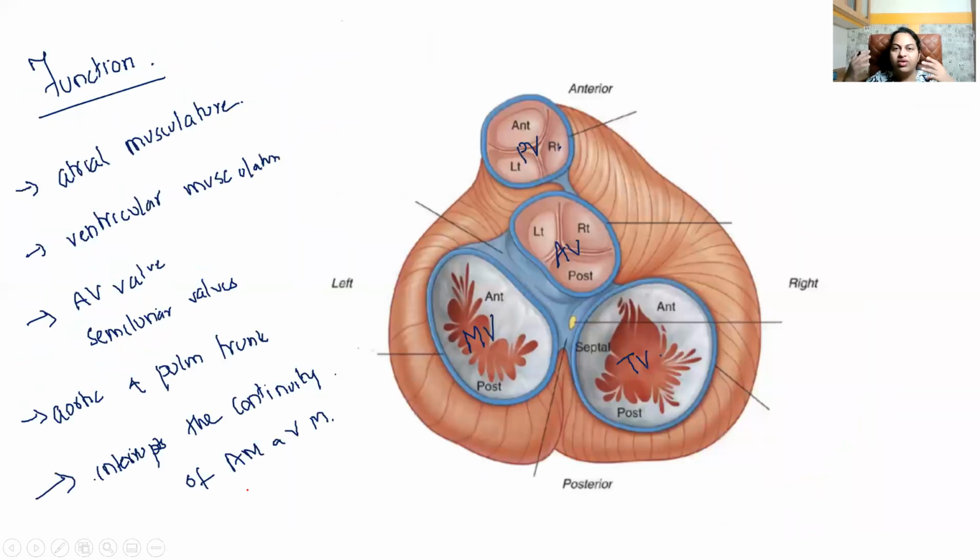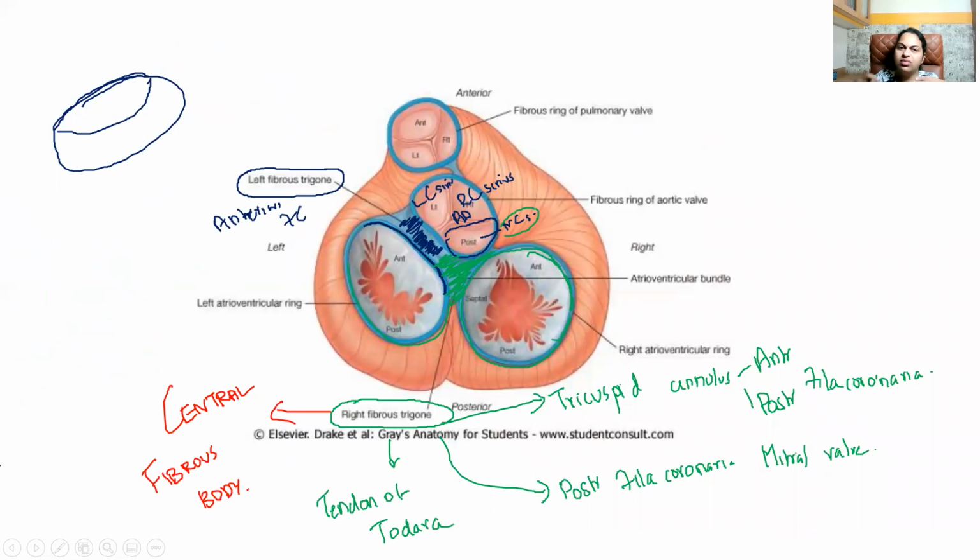As I told you, it gives attachment to the atrial musculature, ventricular musculature, the valves of the heart, the aortic trunk and the pulmonary trunk. At the same time, it interrupts the continuity of the atrial and ventricular musculature so that they do not function as a single unit.